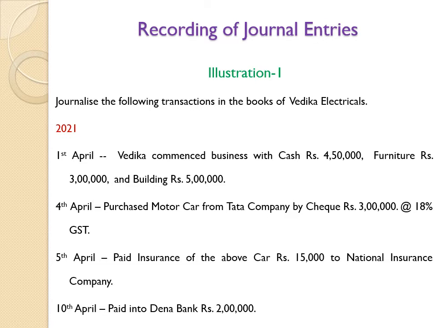It means that half will go to the central government and half will go to the state government. Out of 18%, 9% tax will go to the central government and 9% tax to the state government. Central government tax is known as CGST. State government tax is known as SGST.